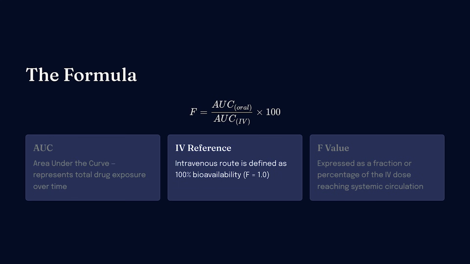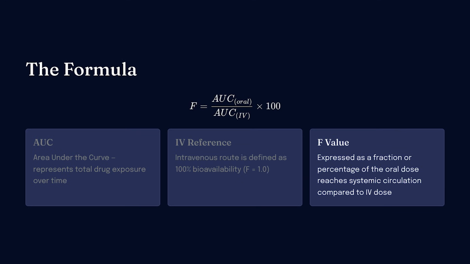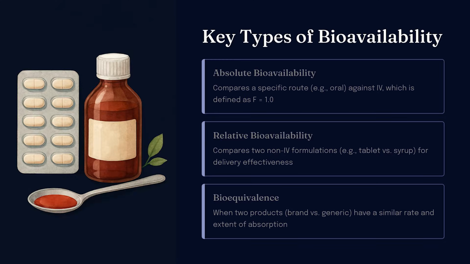The IV route is used as the reference because intravenous administration provides 100% bioavailability, or F equals 1, since the entire dose directly reaches systemic circulation. Therefore, the F value tells us what fraction or percentage of the administered oral dose reaches the systemic circulation compared with the IV dose.